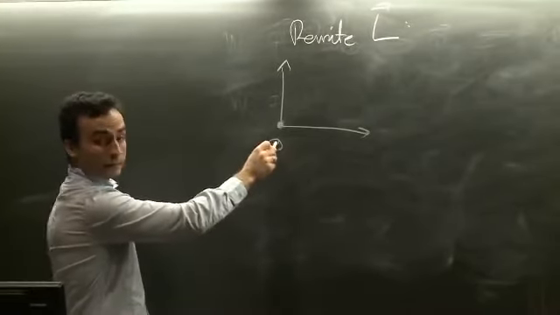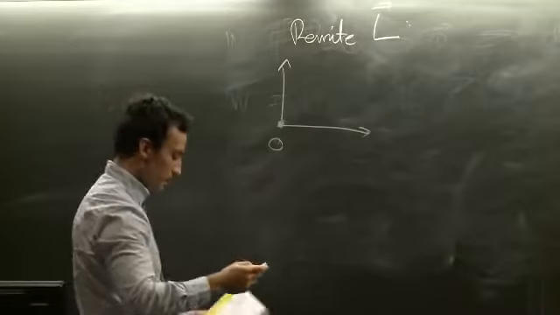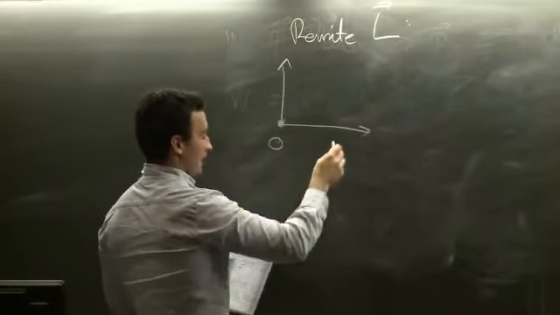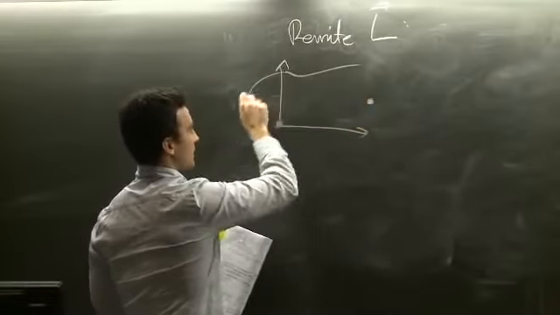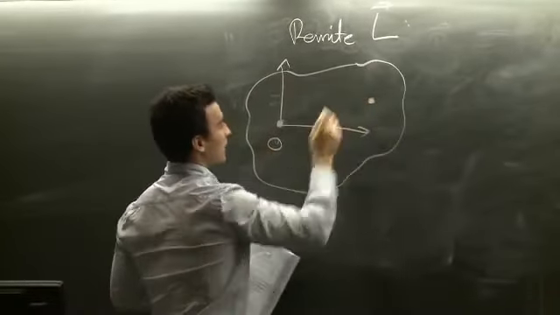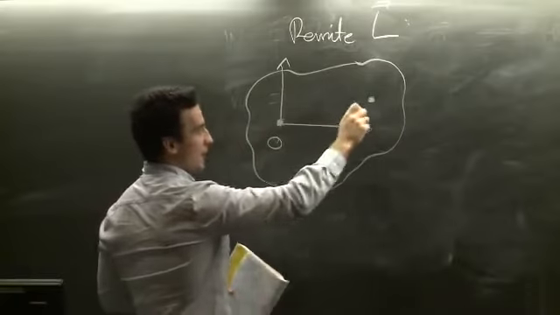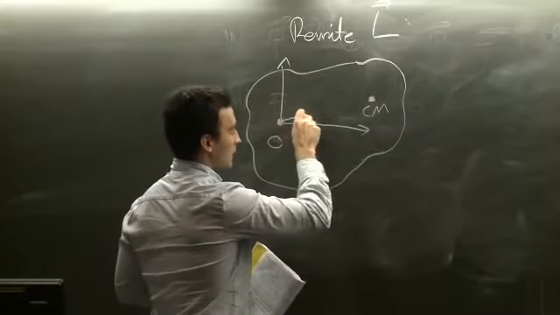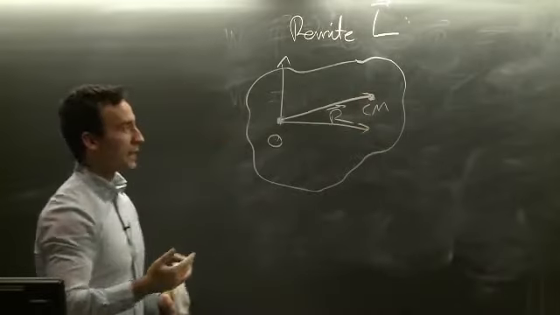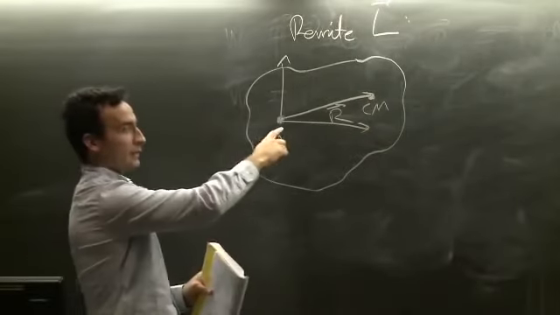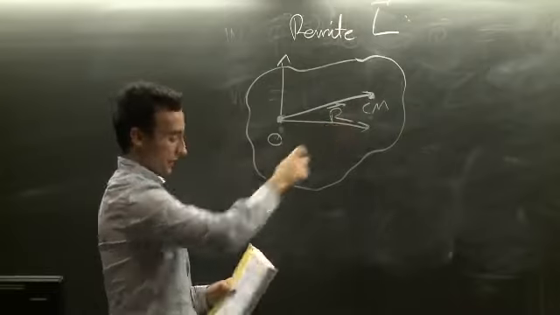The origin is here. And let's assume that the center of mass of the object is here. So the big R vector is the position vector to the center of mass.